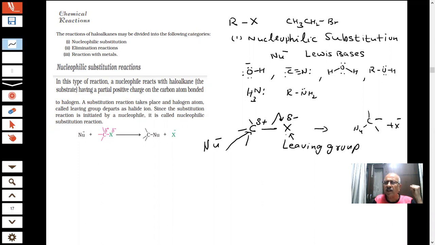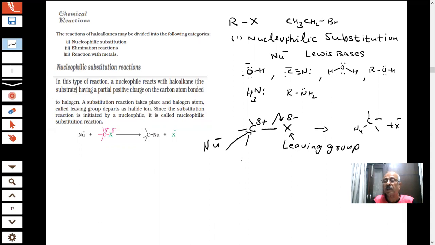Hence, the alkyl halides or haloalkanes become a method for the conversion, for forming alcohols, for forming ethers, for forming alkanes, for forming amines. So many compounds we will be able to prepare from alkyl halides.